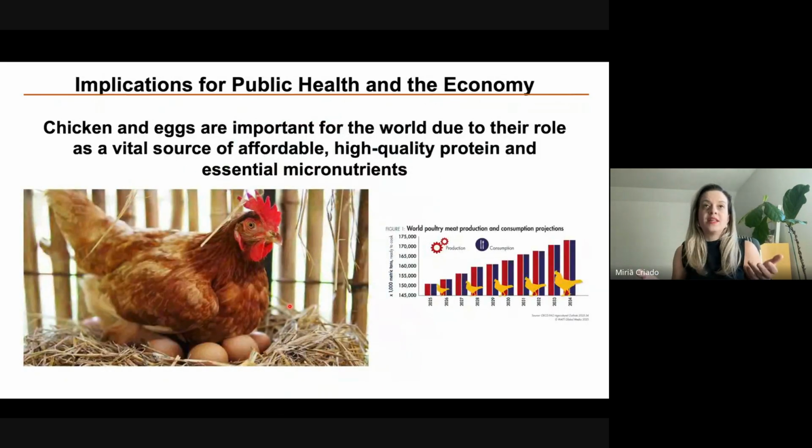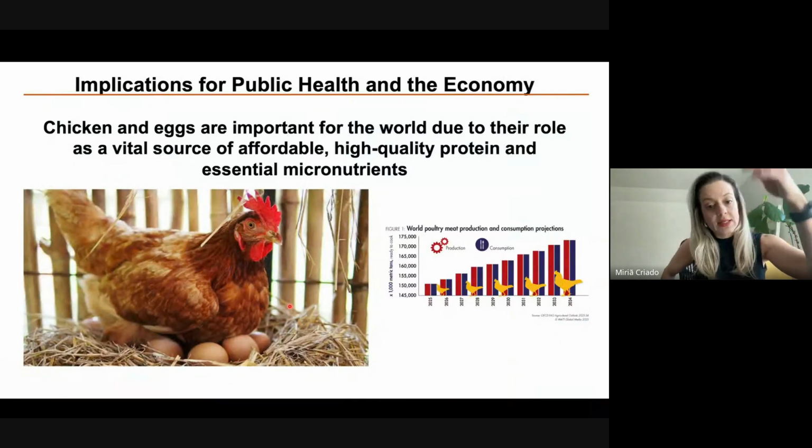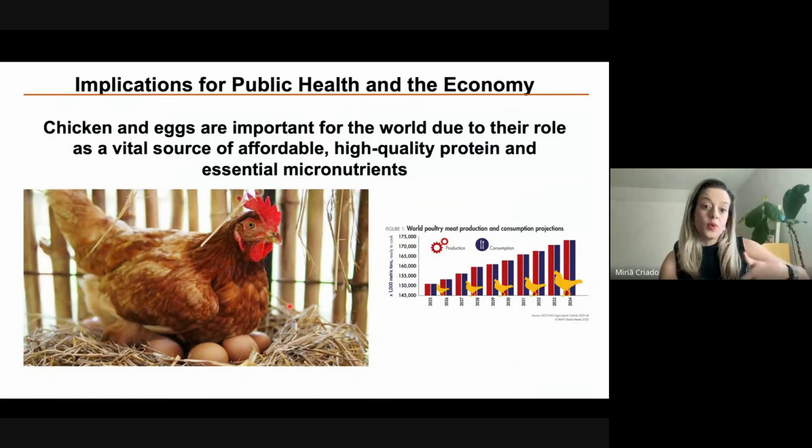And I always like to bring up why I'm talking about poultry, why poultry is so important. As I showed before in the expected picture, influenza has not only public health implications, with the possibility that influenza can adapt, circulate, and mutate in these avian species, but also poultry is essential.